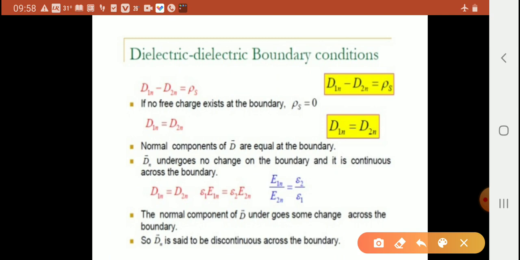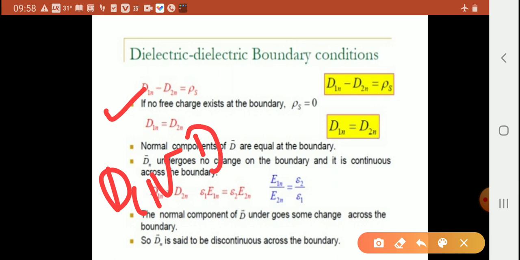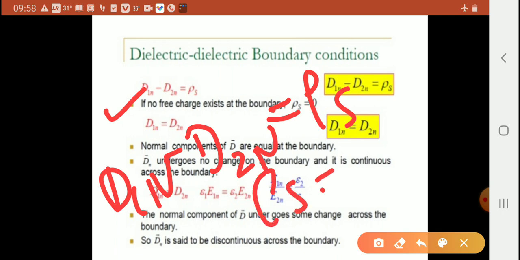If no free charge exists at the boundary, rho s equals 0. So D1n minus D2n equals rho s, and rho s, the charge density, equals 0. This is the no free charge case.